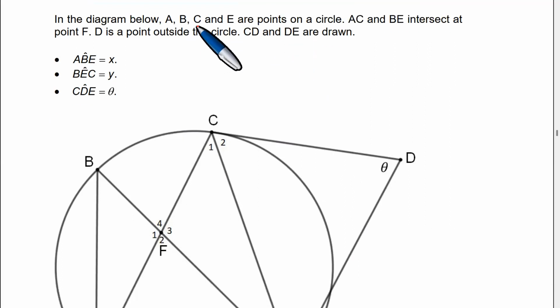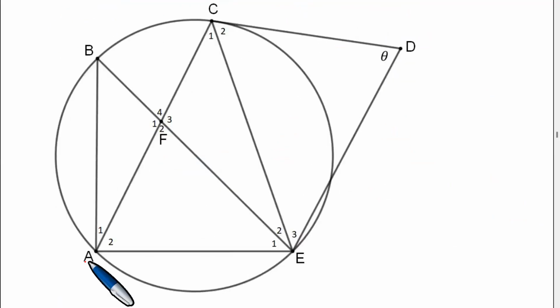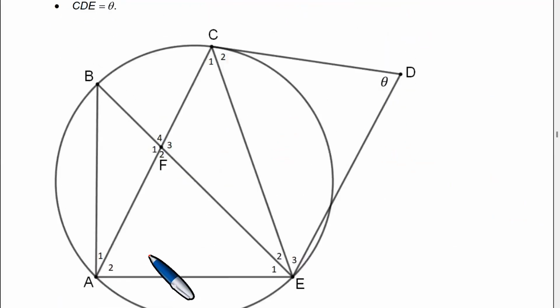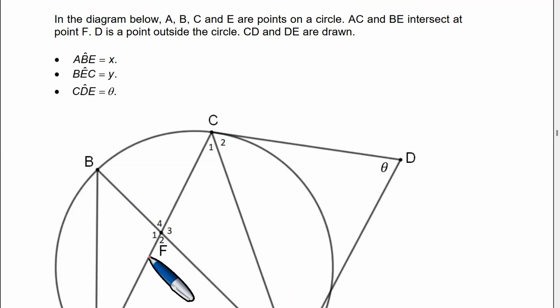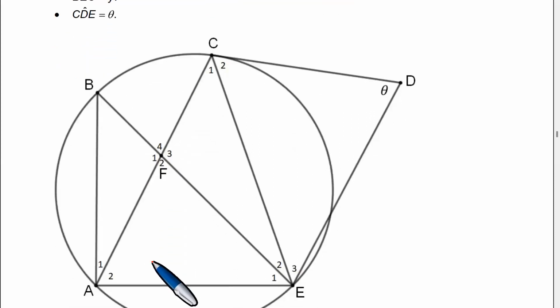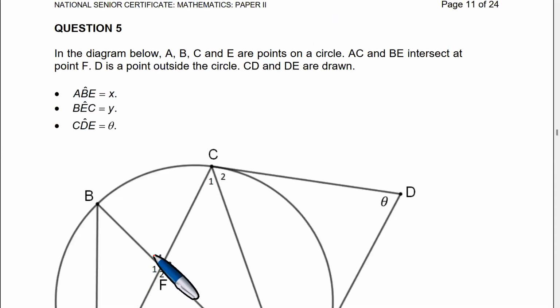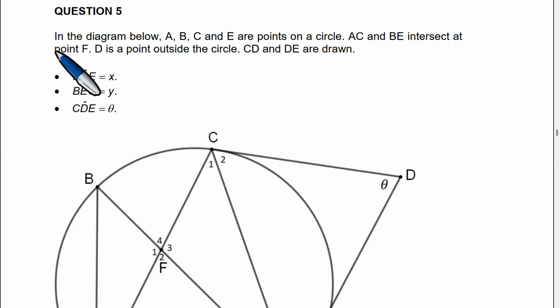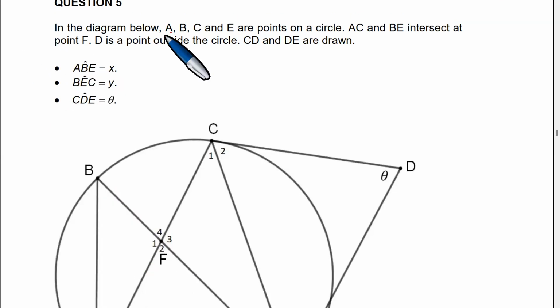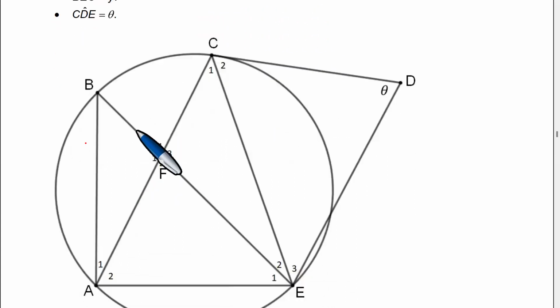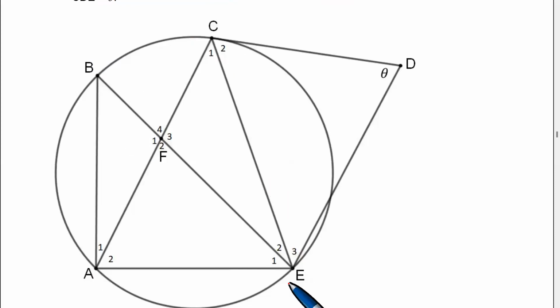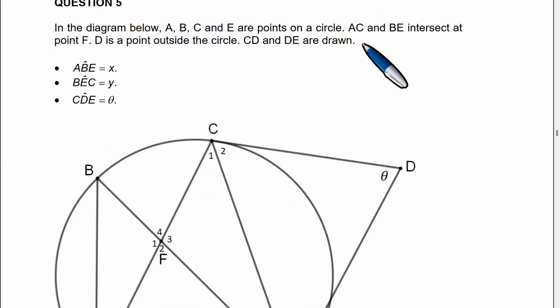First of all, we need to familiarize ourselves with the shape so that we make sure all given information is marked on the diagram before we start our proofs, because if you forget what has been given, that will be a problem, since we always have to use what is given to prove what is not known.